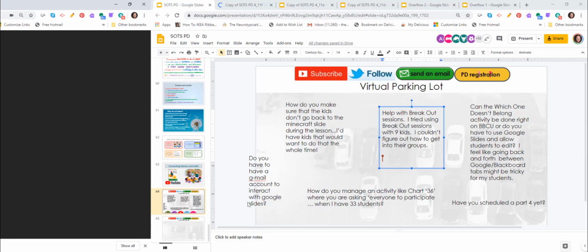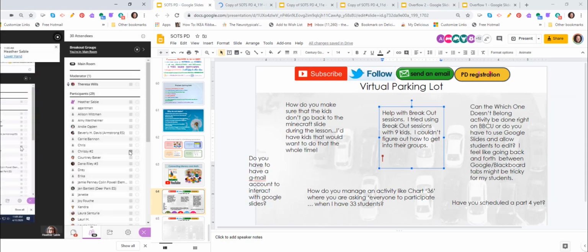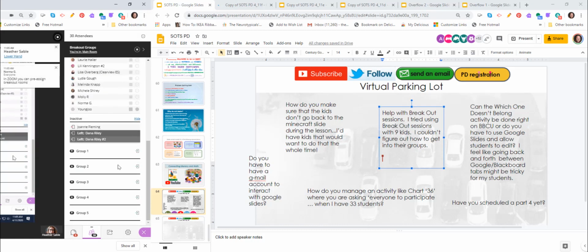My computer's lagging just a little bit here. And what I'll show you is there's a little green arrow that allows you to move into all these different rooms. Yes, in Zoom and in Collaborate, you can also pre-assign and randomize. But I would just click this little green arrow to go right into it. And then I'm in there with the students.